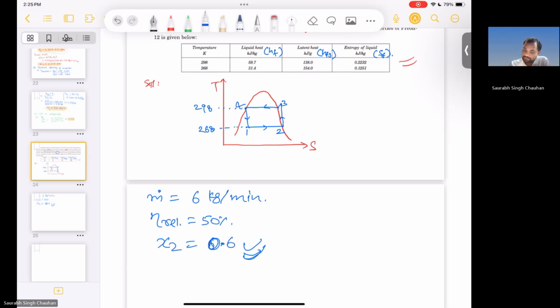Okay, so we'll make the diagram again. Should be something like this.